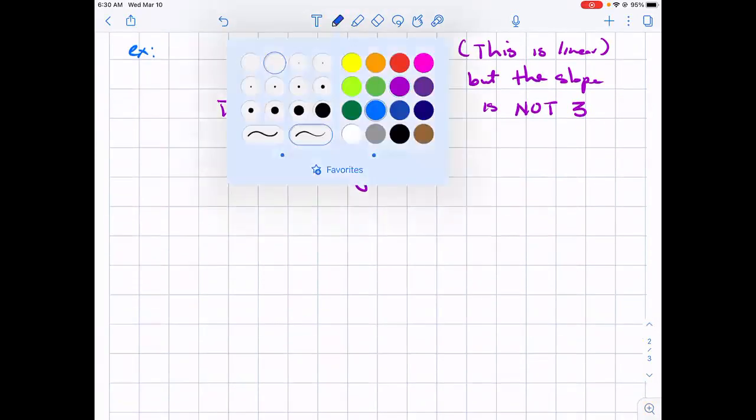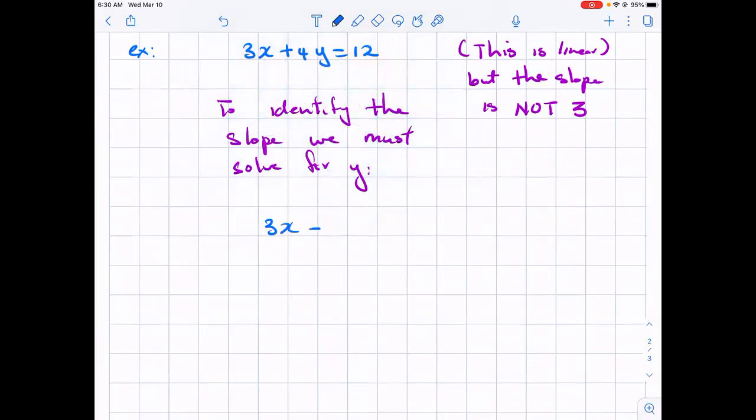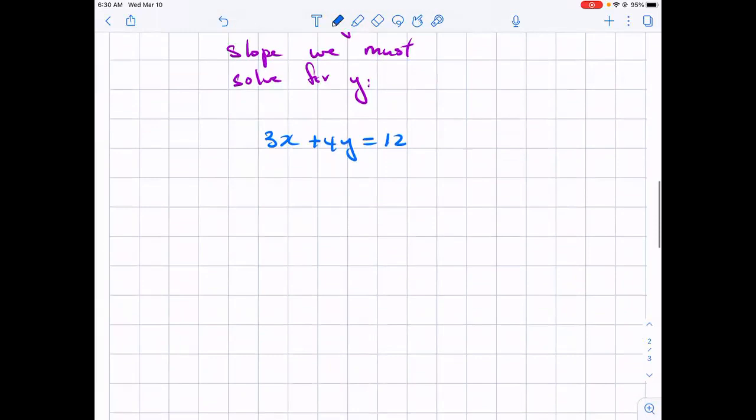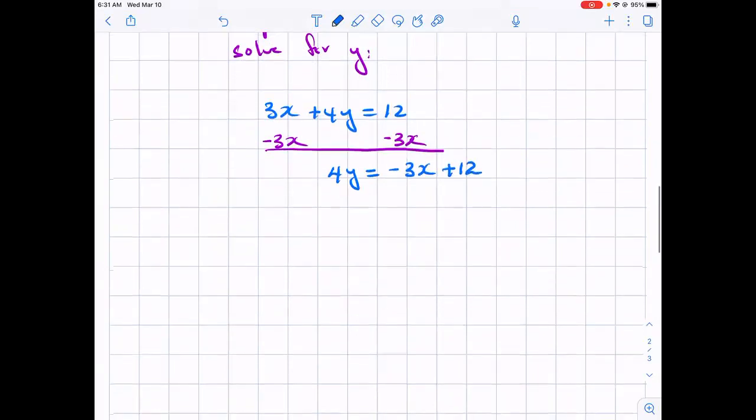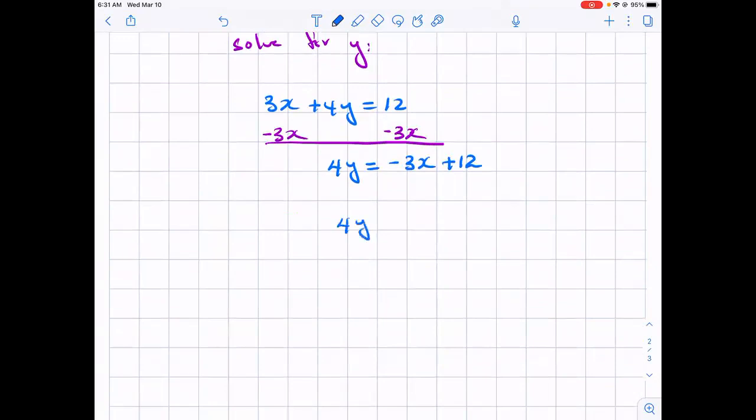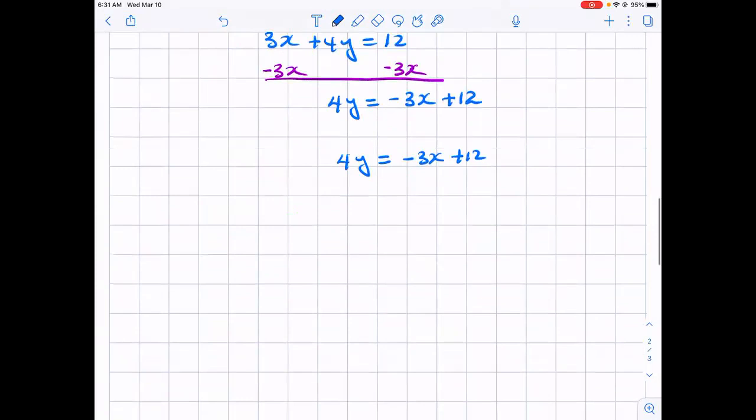So if we have 3x plus 4y equals 12, the first thing we will do is subtract 3x on both sides. That will leave me with 4y equals minus 3x plus 12. And then to get y by itself, we will divide each term by 4.